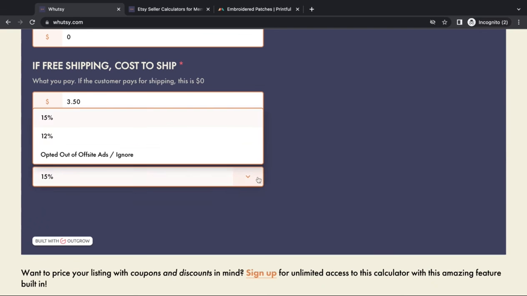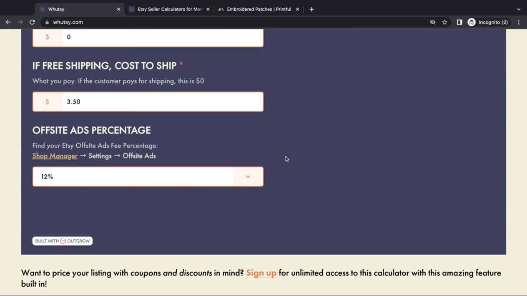I give you the option to pick either of those two, opt out completely, or ignore it. For most people, even if you're opted out in the beginning, I still recommend using that 12% so you can price your listings with that fee in mind, and then down the road, that fee is covered if you hit that threshold. But that is completely up to you.